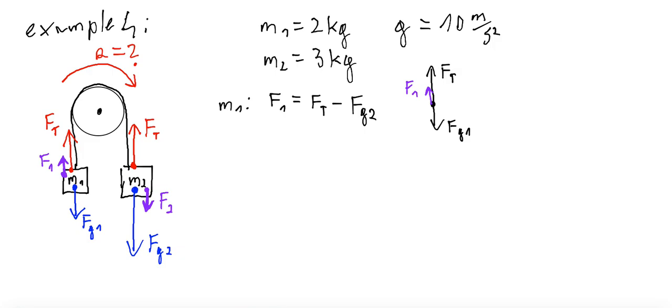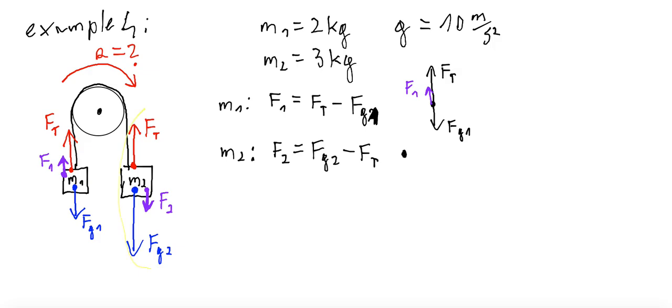And I can write exactly the same for mass M2. M2 experiences overall force F2, which is a difference between Fg2, sorry, it should be 1 here, okay, Fg1 in this line is of course 1, in the second line is 2. And tension, which is the same as in the first. Why? I'm going to create this diagram.